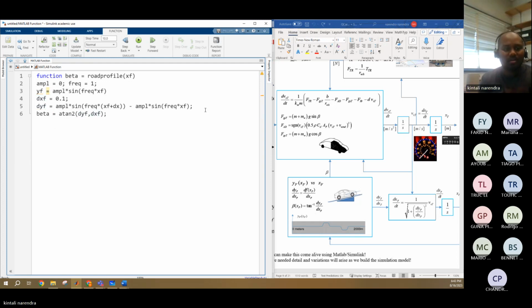That's how simple it is. Differentiation dyf by dt: if you know the functions, this is how you perform it. You get beta here. I defined yf, but I didn't use it, so that's why it is showing that, but it's okay.